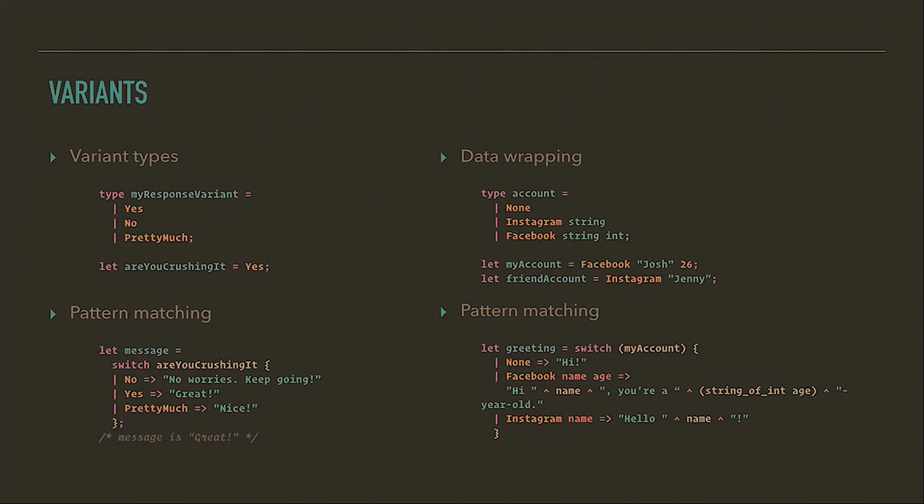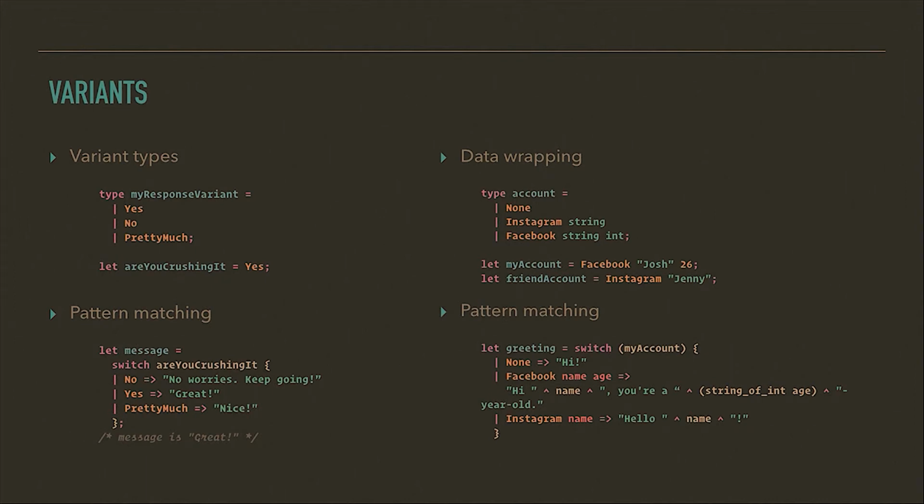But variants are a bit more powerful in that they're not just like a normal enum, they can also wrap data, which is a little bit strange. For some of us, it might be similar to think of it a bit more like a class. In fact, they're also called variant constructors when they take data, right? But it's much simpler and has somewhat different powers than a class would.